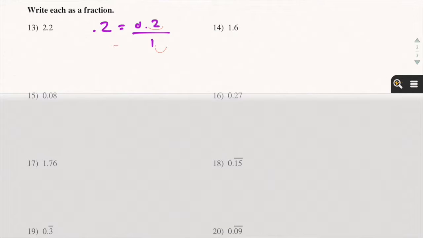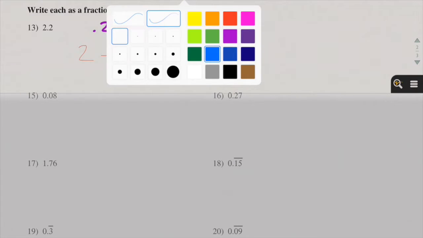So this becomes 2/10. The reason being is we move the decimal from the 0.2 over here in front to this 2, and from the 1 over here, so we ended up getting 2/10. So we add that onto this 2, and we get a final answer of 2 and 2/10.